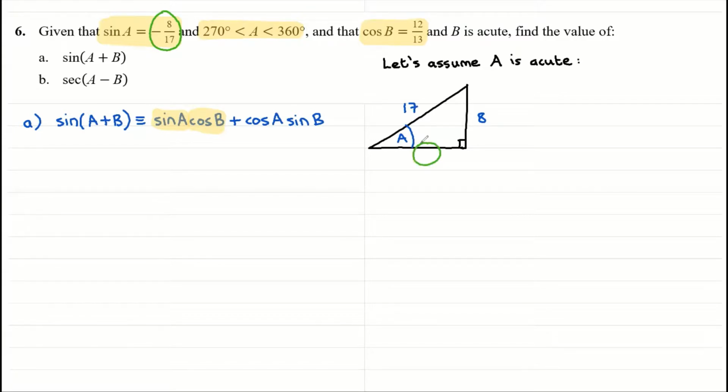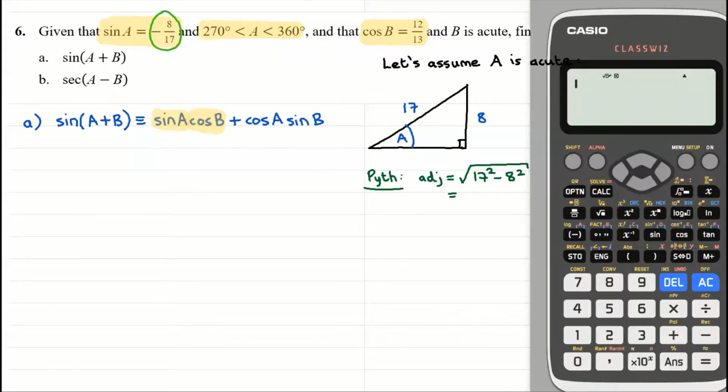What we would really like to find, however, is this adjacent side here. What is the value of that? Well, we just use a simple bit of Pythagoras, don't we? So using Pythagoras, the adjacent side is just going to be the square root of 17 squared subtract 8 squared. And you'll see very quickly this is a Pythagorean triple. If you want to, you can do this on your calculator.